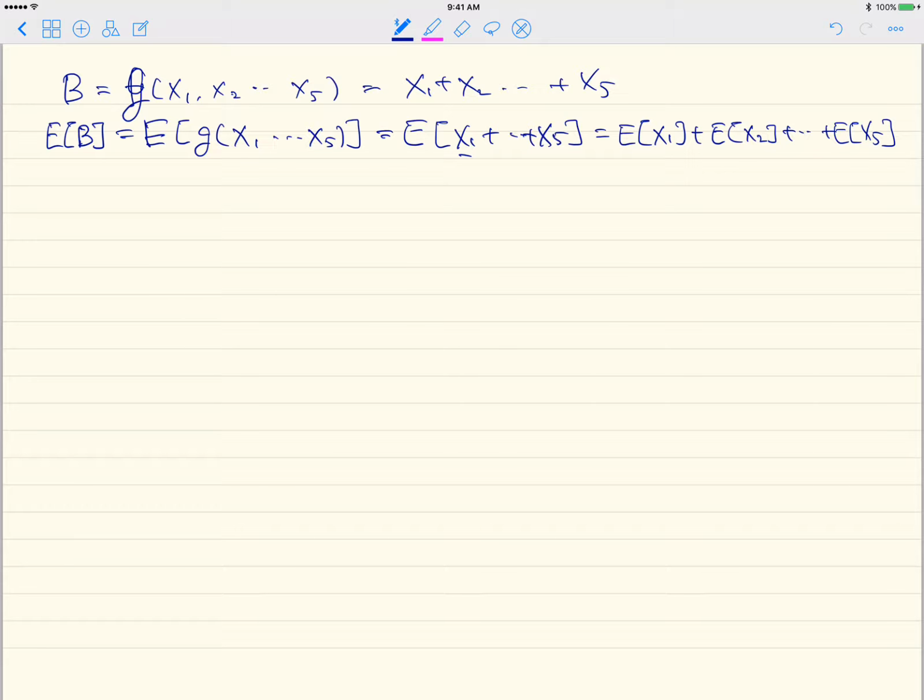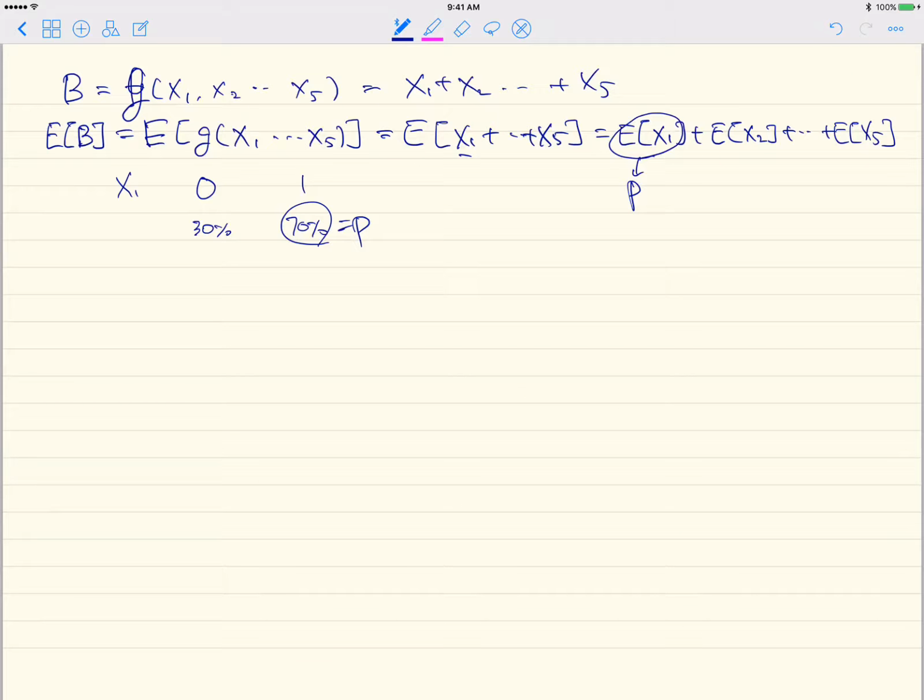Again, this is always true, even if they are statistically dependent. And then we know that x1 had values 0 and 1, and the probability was, for example, 30% and 70%. And so this was called P.